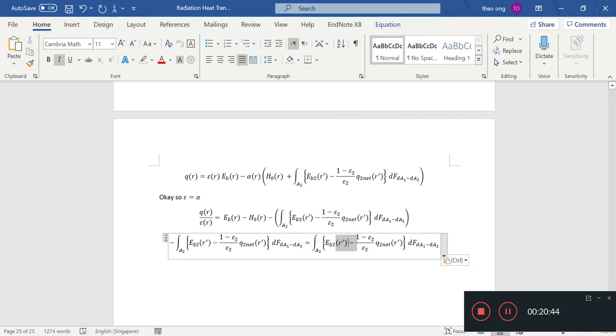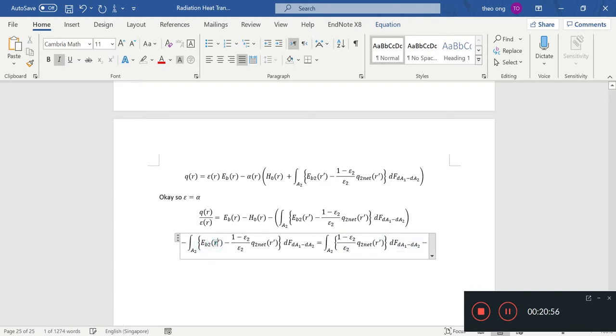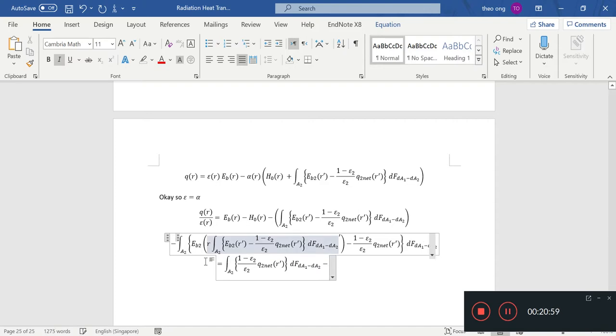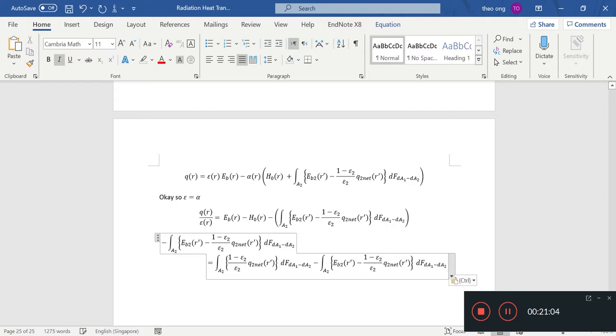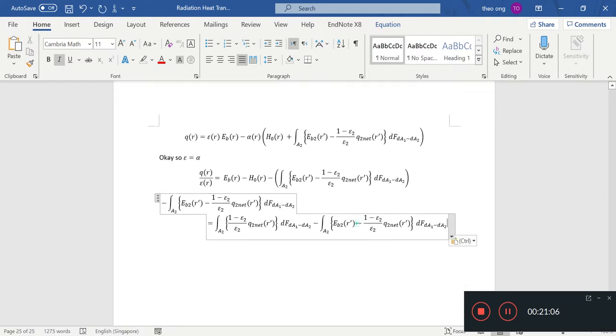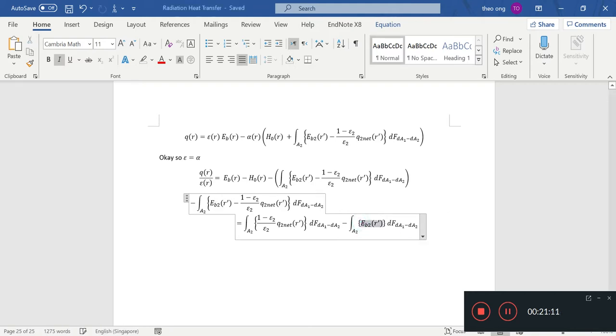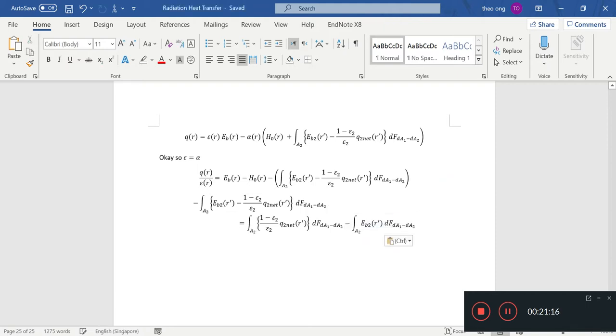So first thing first, I want this, the positive integral. Then I want the negative integral, which is the first term here. So I just copy and paste and get rid of this term. That's all I'm doing.